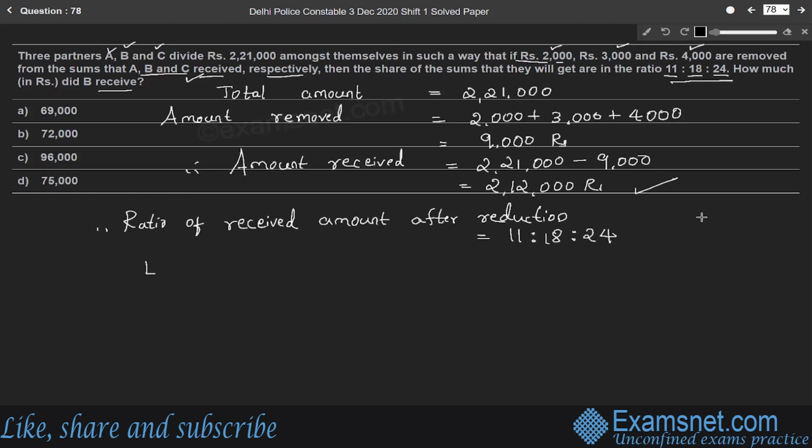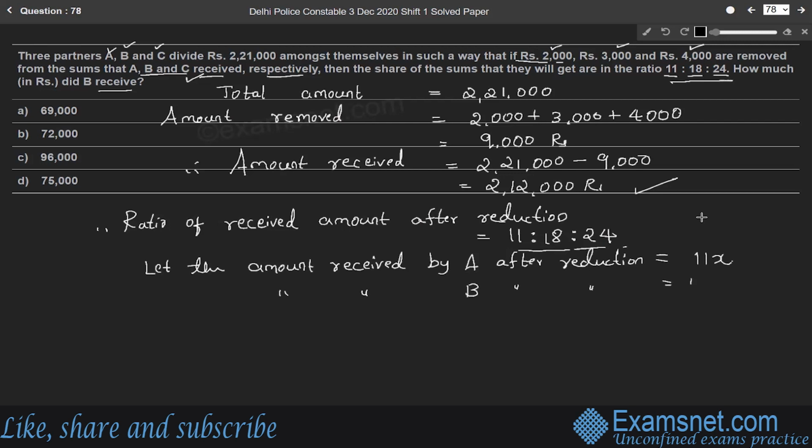Let the amount received by A after reduction be 11x. Since the amounts are in the ratio 11 is to 18 is to 24, let that amount received by A be 11x and amount received by B after reduction be 18x and that of C be 24x.